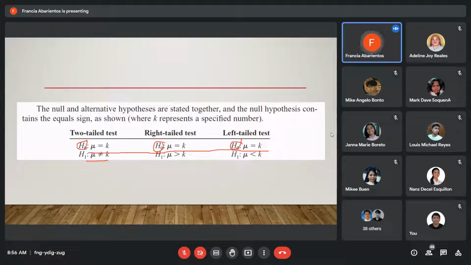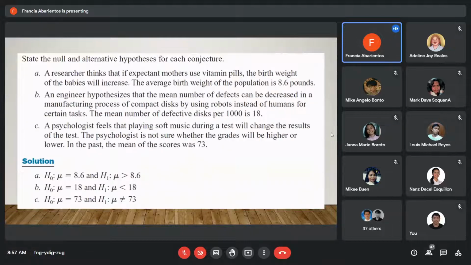In a right-tailed test, your symbol is greater than. And in a left-tailed test, the symbol is less than. So we need to practice. For example, this one.